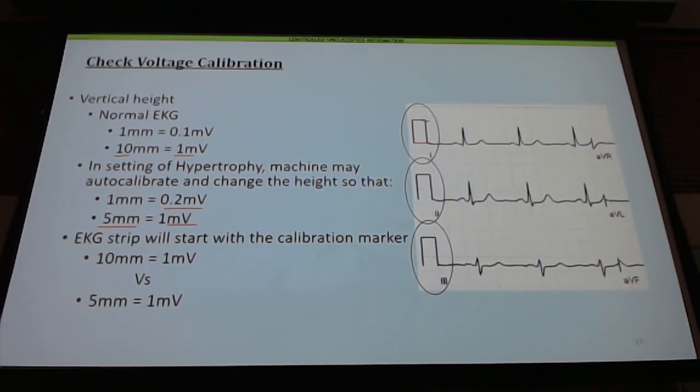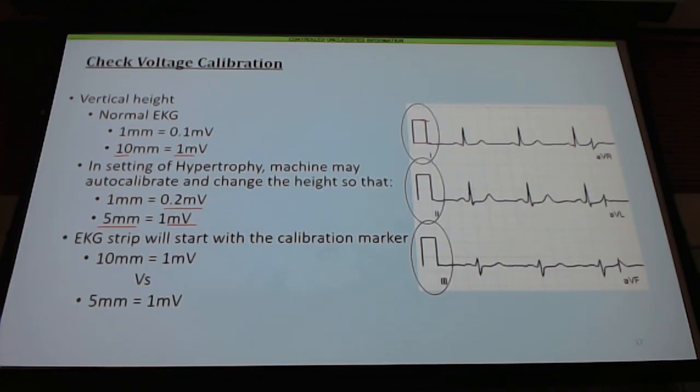Imagine what that's going to do to the criteria for an ST elevation. So instead of it now being one box, 1 millimeter upward is an ST elevation, it is now half a small box. And looking at half a millimeter is quite hard on the EKG, right?